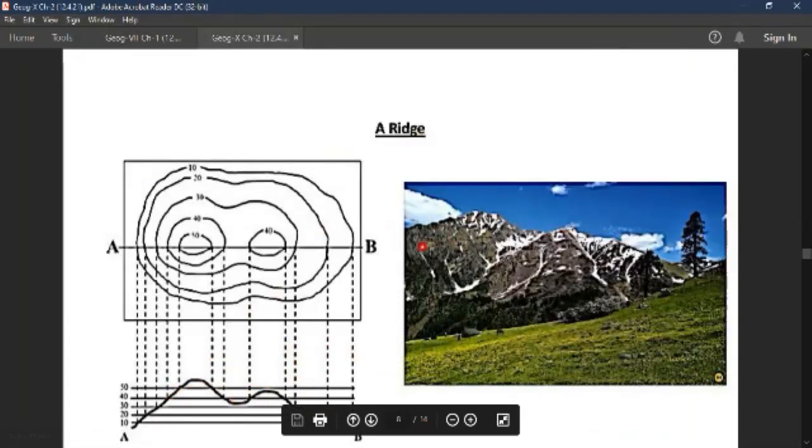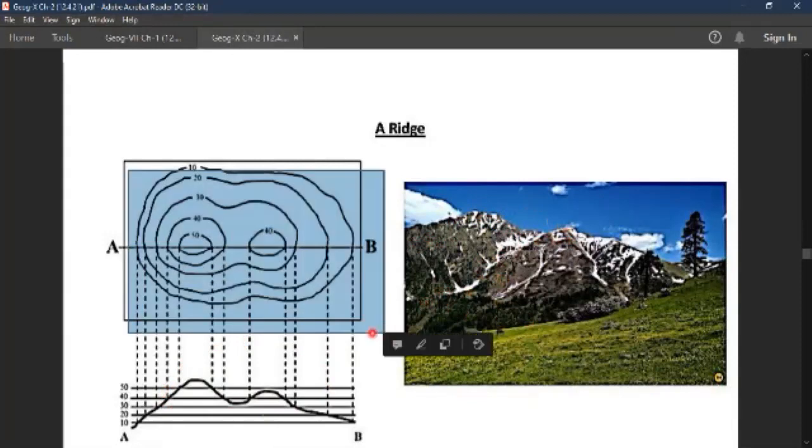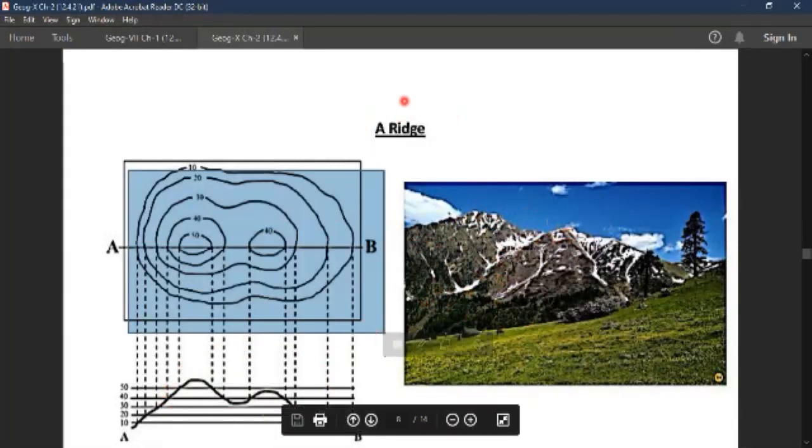As you can notice, here there are two peaks. So this is showing a ridge, and it is represented by contour lines in this particular pattern. This is the pattern of contour lines representing a ridge.